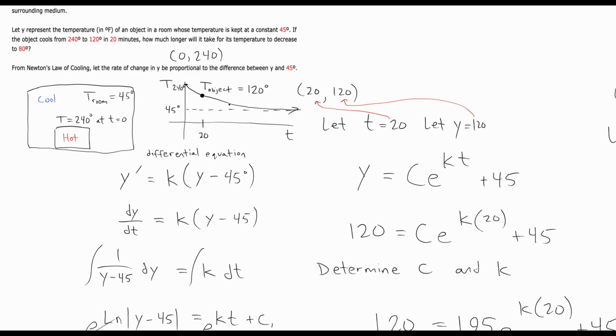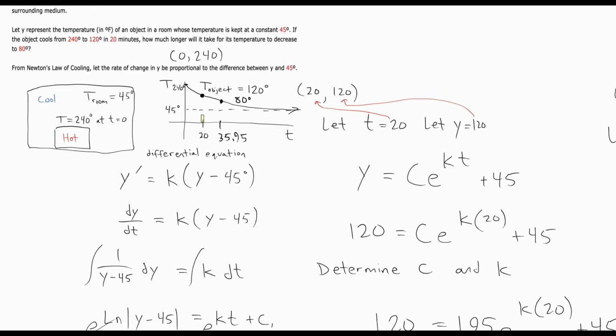Keep in mind that that is a time elapsed from the beginning of the clock. The clock started when the object was 240 degrees. And so the question asks, how much longer does it take for the temperature to decrease from 120 to 80?